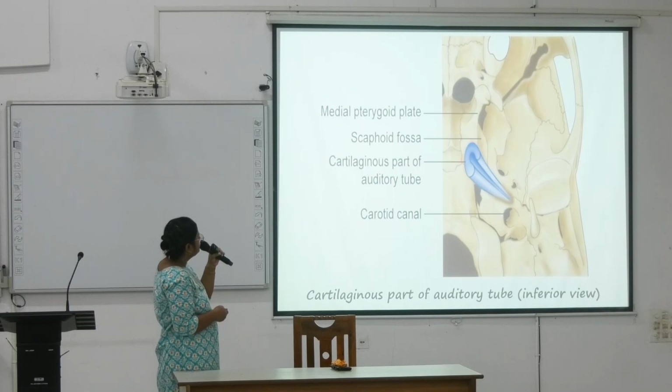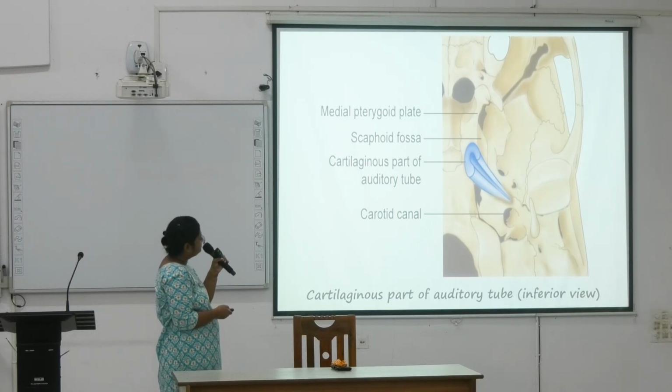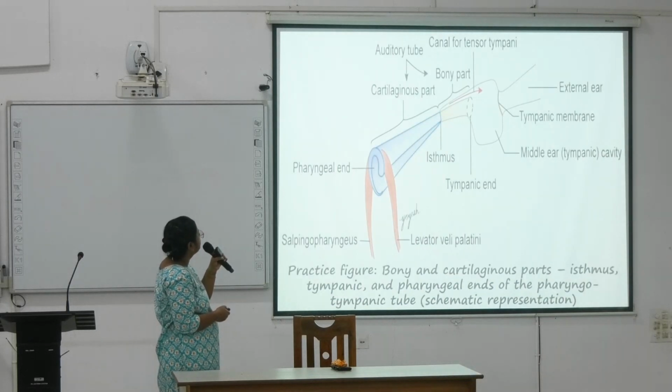See here, this is the section of auditory tube. It is formed by cartilaginous part of the auditory tube. Okay, here is the osseous part. See, this is auditory tube, bony part, cartilaginous part.